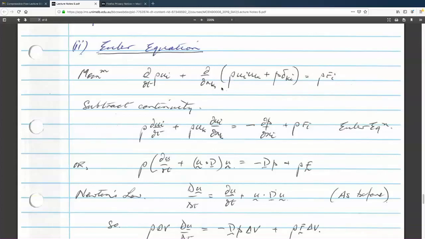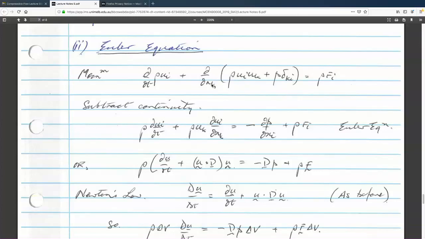And we're going to subtract continuity. So if we pull ui out of this term here and this term here, we'll be left with rho dui/dt, because the continuity will cancel those 2 terms. We'll have ui times d rho/dt plus d/dxk of rho uk, which is 0. So we subtract continuity out of this equation.